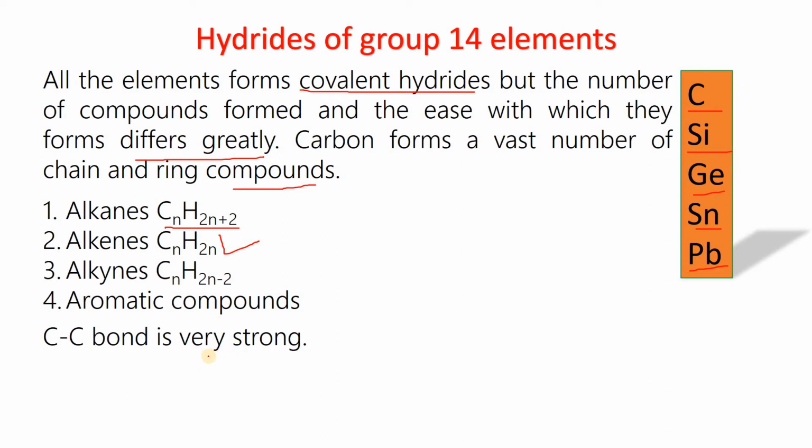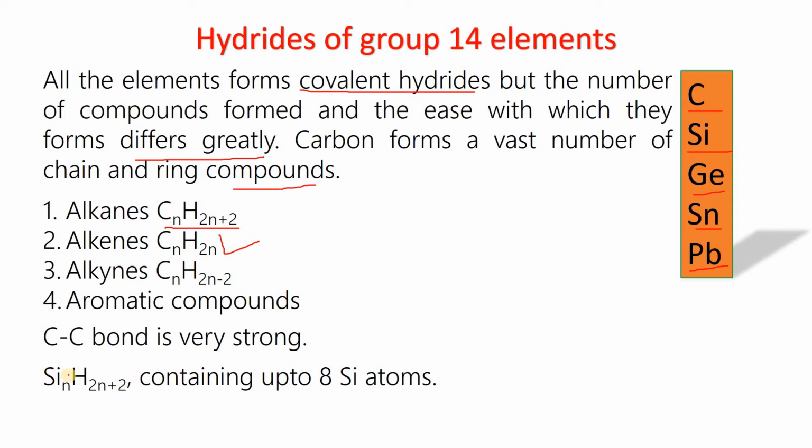It is one of the reasons why carbon forms such a large number of compounds with other elements like nitrogen, oxygen, etc. Since the carbon-carbon bond is very strong, alkanes and alkynes, which have carbon-carbon bonds, are formed in large amounts by carbon. And this is one of the reasons why carbon forms such a large number of compounds.